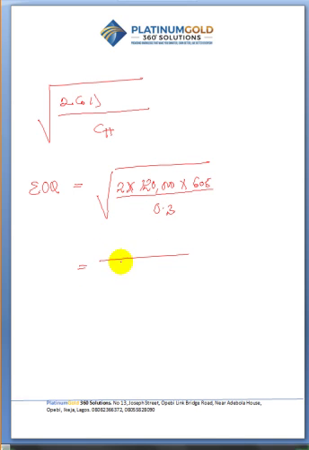This will be the square root of 484,000,000, and that will give us 22,000 units.